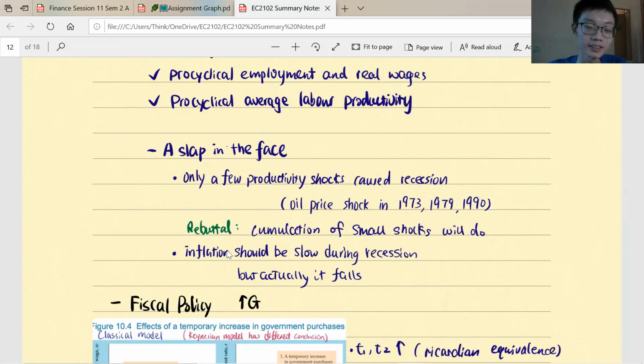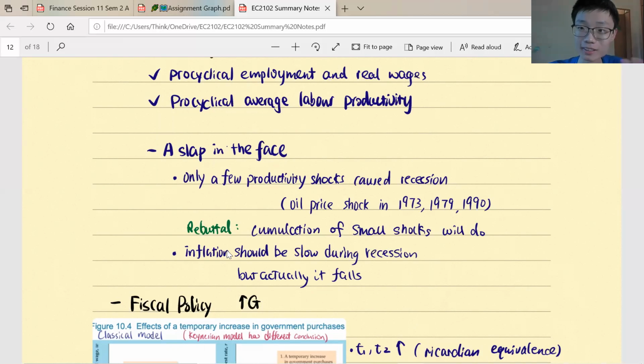So they only see that the oil price went up a lot. The OPEC, the organization, is the cartel that controls the oil price. They raise the price to American buyers. Then there's a rise in the oil price in America, and that is the adverse supply shock in 1973, 1979, and 1990.